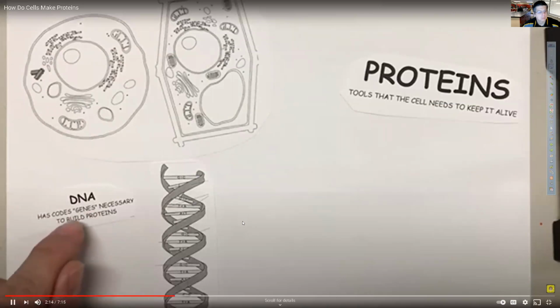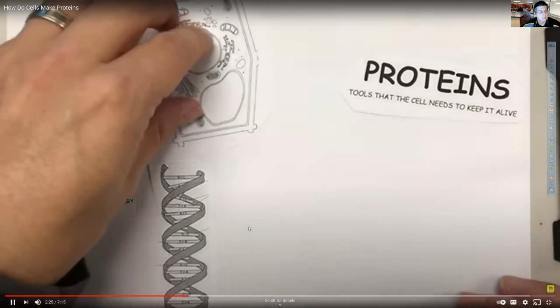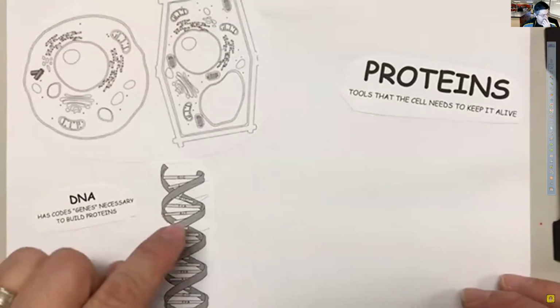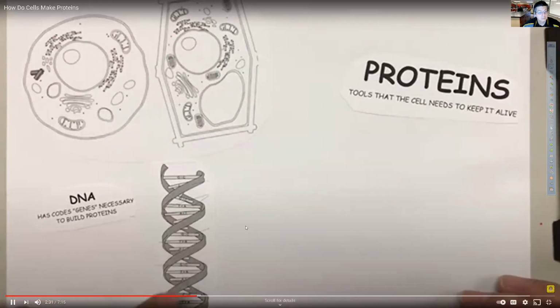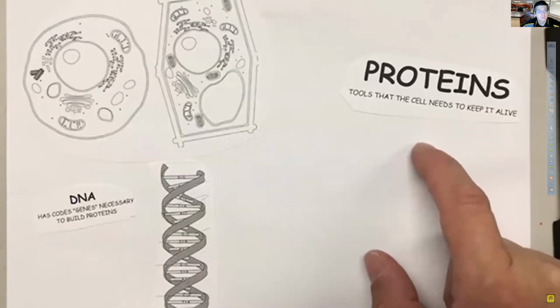The fancy word for these codes is genes, or you can think of genes as protein recipes. All our cells have DNA in their nucleus, and this DNA holds all the codes that the cell needs to make its proteins.